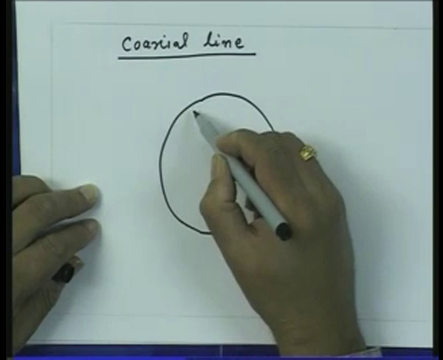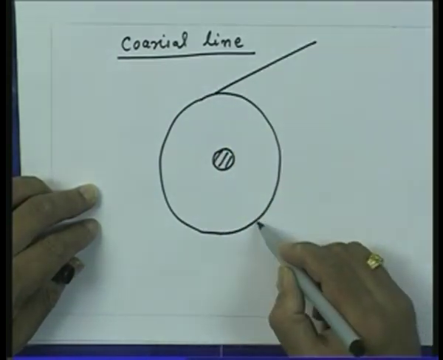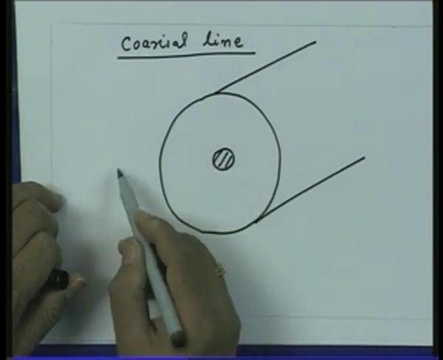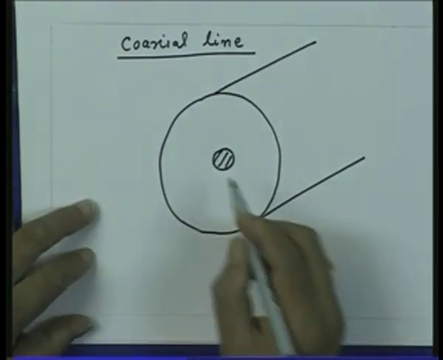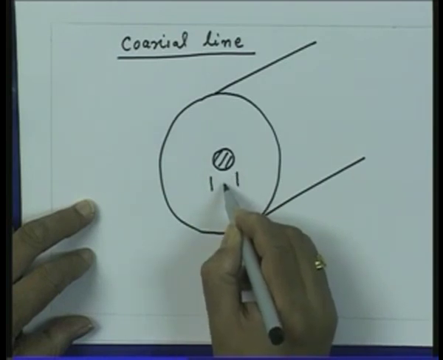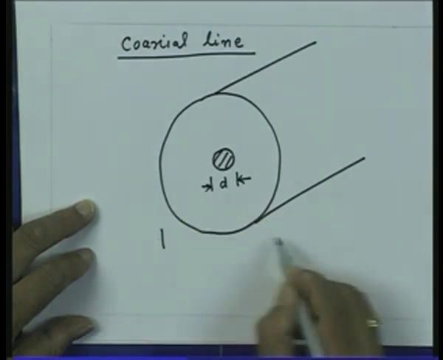These are conductors and you apply a voltage between the center conductor and the outer conductor. Let us say the diameters of these two conductors are given by small d and capital D.